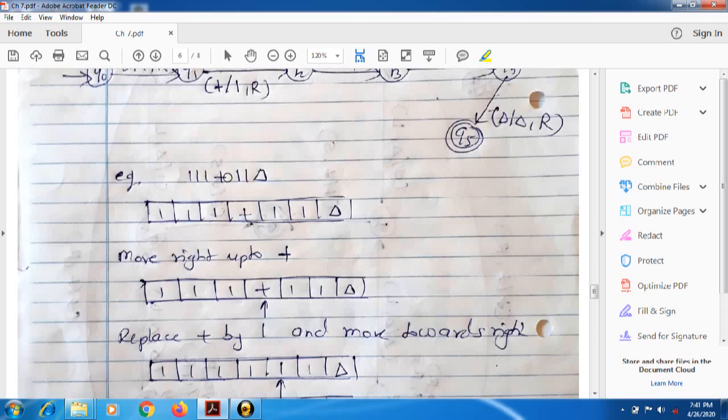Now see, we have taken 3 ones for the digit 3, then 2 ones for the digit 2, and this plus is one value denoting the plus symbol, that is the addition function. And delta, that is the null value, is used to mention the end of the string. That's why we have taken null here.